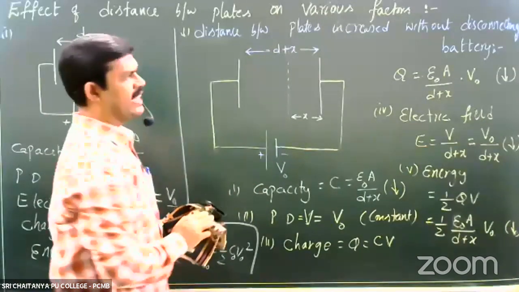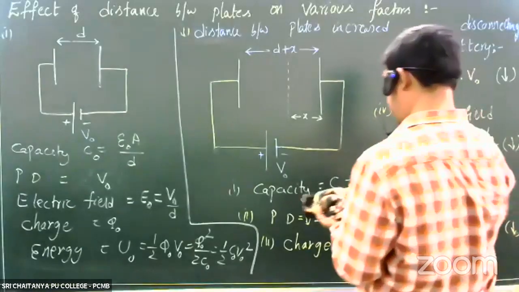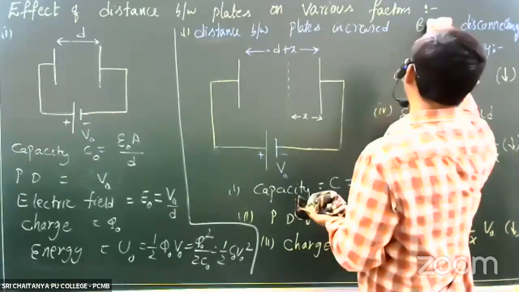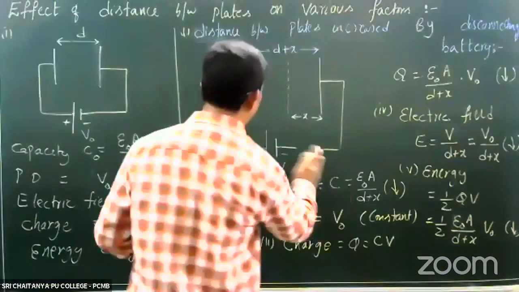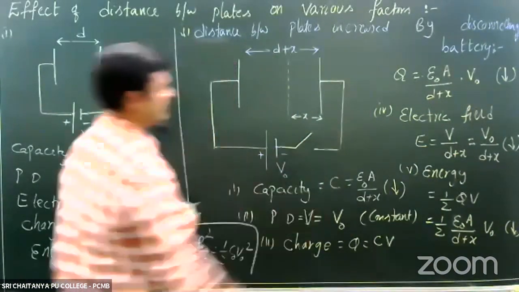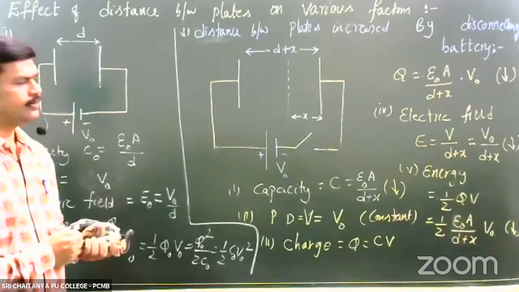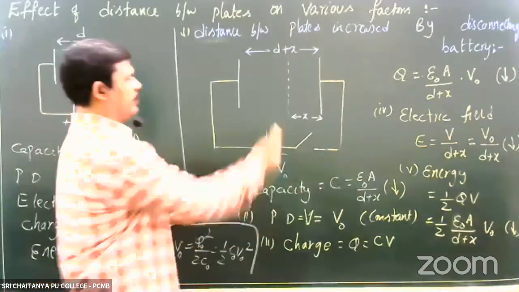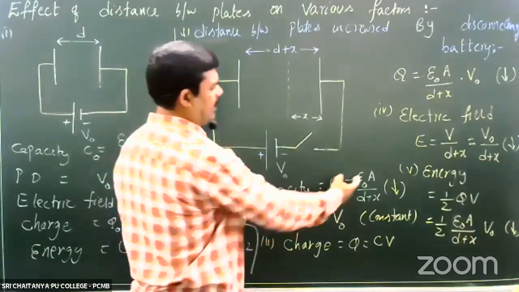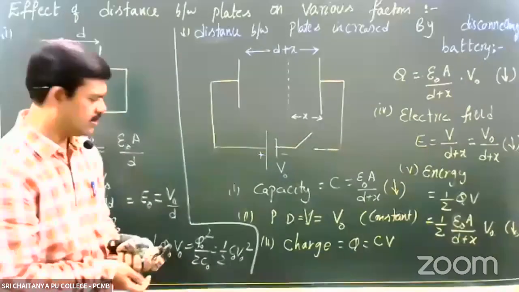Distance between the plates increased after disconnecting the battery. What is the change? No battery, the battery is disconnected. What happens to these? Come on, think. Whenever distance increases, capacity C equals epsilon naught A by D plus X decreases, same in both cases.